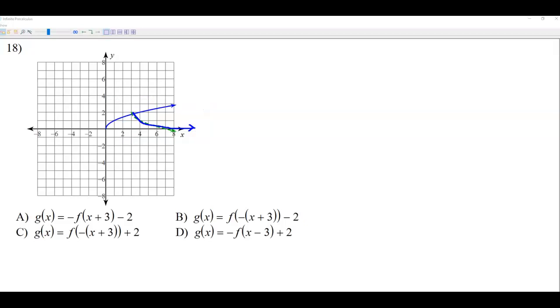So flipping it upside down means we're reflecting it across the x-axis. And that's when you have a negative outside. We also translated it to the right, and that's whenever you have a subtraction inside the parentheses.